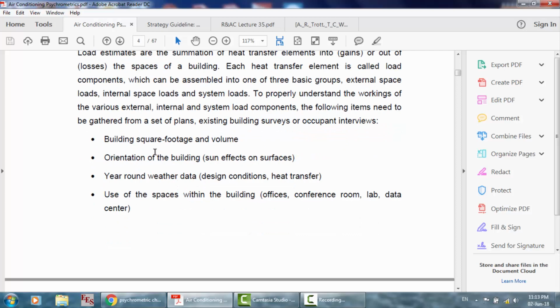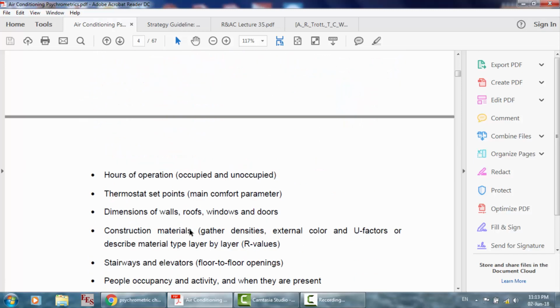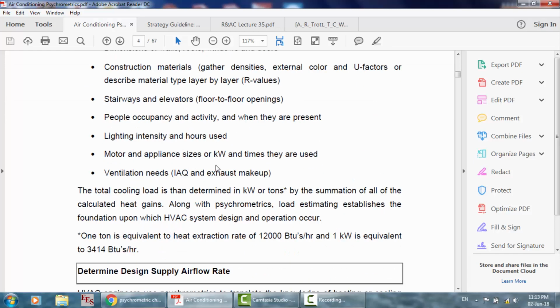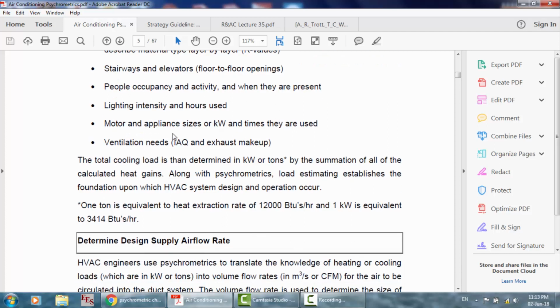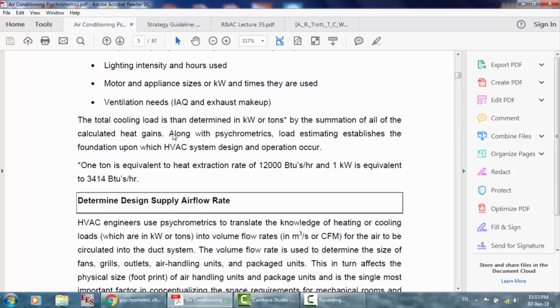The building square footage and volume, orientation of the building, sun effects on surfaces, year-round weather data, design conditions, heat transfer, use of the spaces within the building, offices, conference room, lab, data center, hours of operation, and so on. We have here many things. This is very important to make a good concept design, to enter these things in an early analysis program or the hand calculation.